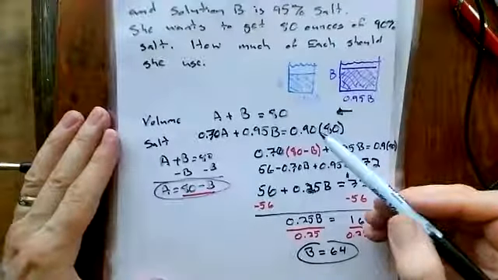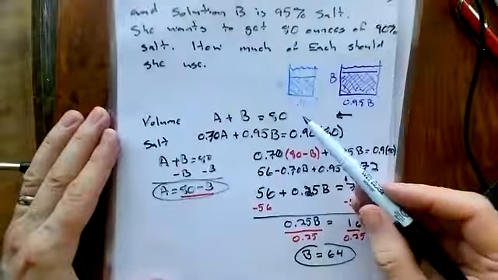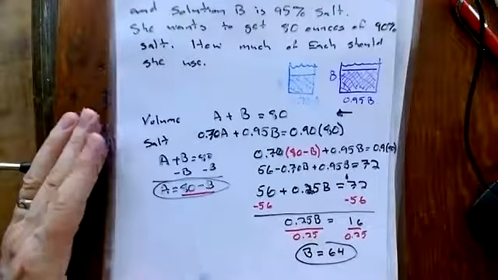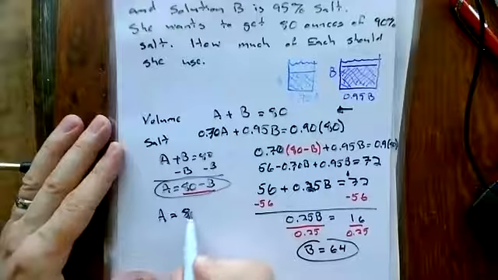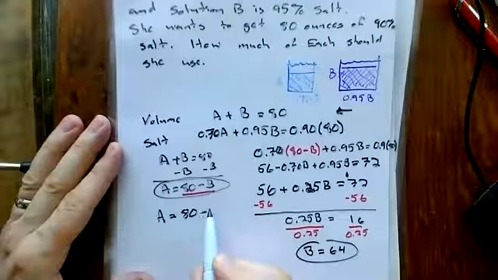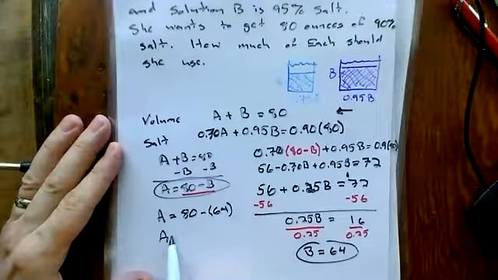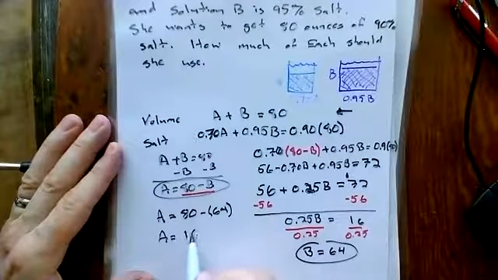Honestly, back substituting into the bottom one would work, but it's going to be a lot easier to use this, or even a version of that first equation. So I already knew that a was equal to 80 minus b. Well, this is going to be 80 minus that 64. So I've got a should be equal to 16.